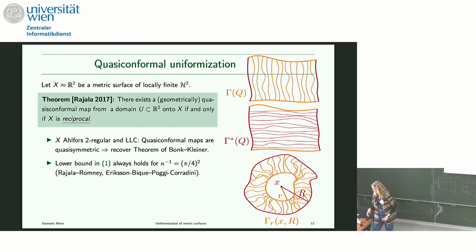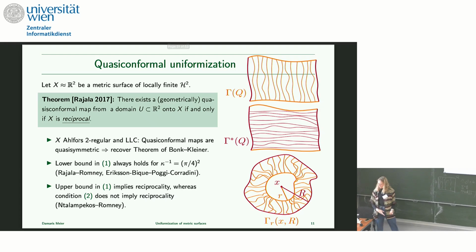And then we had before these two conditions, and it actually holds that for every such metric surface, the lower bound in one always holds with a certain constant. And also the upper bound implies the second condition, but not the other way around.